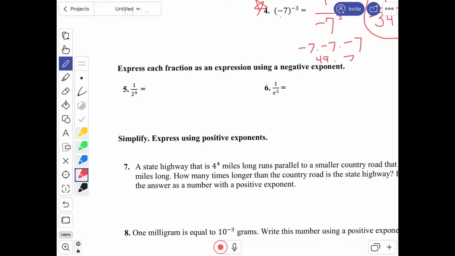5 and 6, you're going to just express them as a negative exponent. So I'm going to rewrite that, but with a negative exponent. Let's look at number 6. The base is E, and if I want to write it without the 1 on top, I change the exponent to be negative.